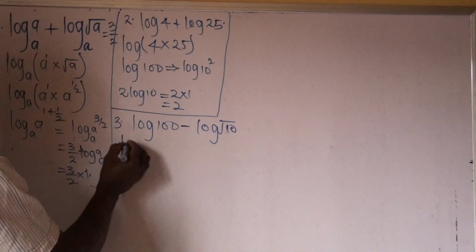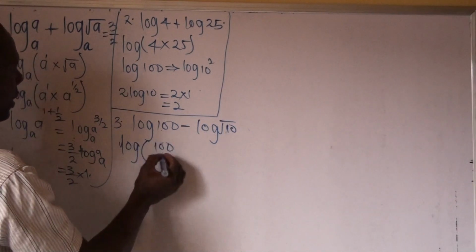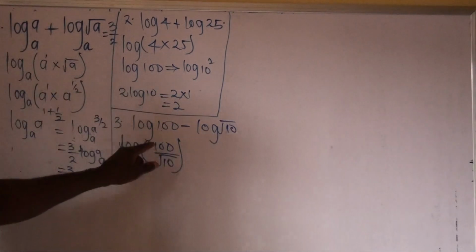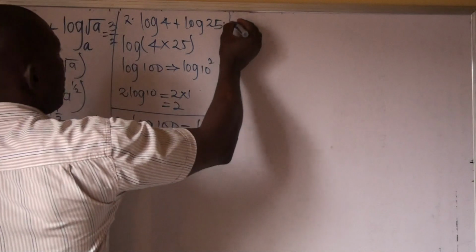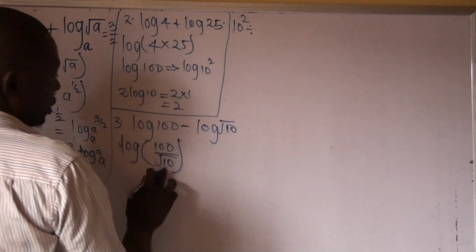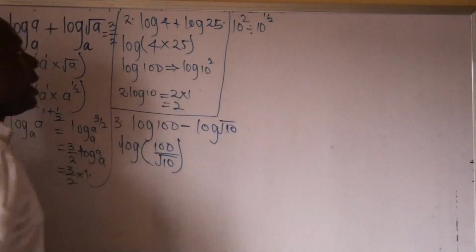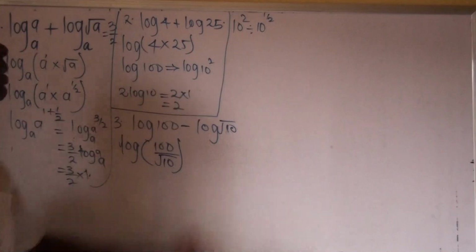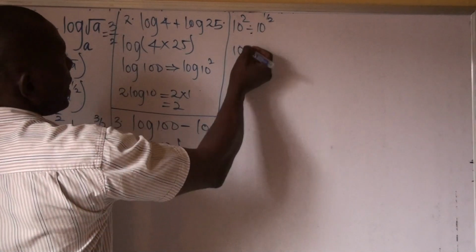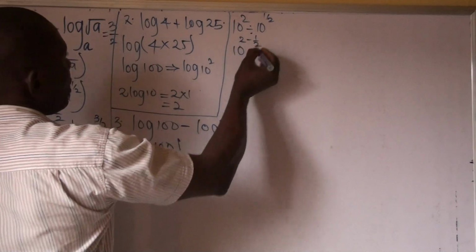So we write the log first, and this is 100 divided by the square root of 10. Recall 100 can be written as 10 raised to power 2, and root 10 can be written as 10 raised to power half. Here we apply indices. Since the bases are the same and the operation is division, we take the base as 1 and subtract the powers.